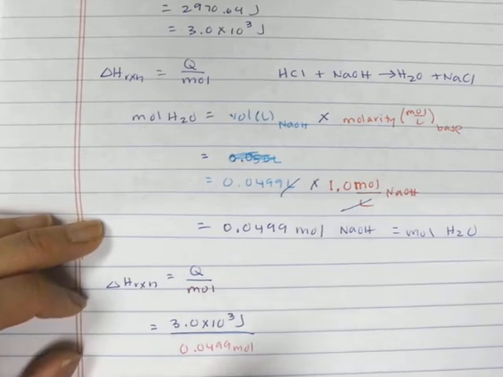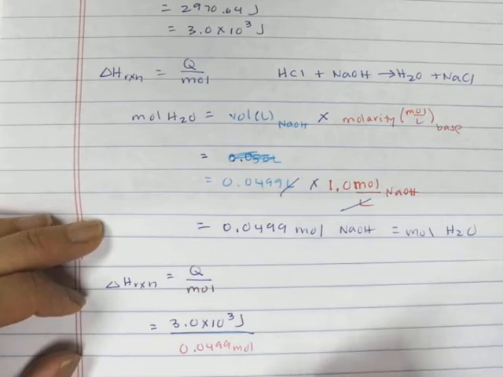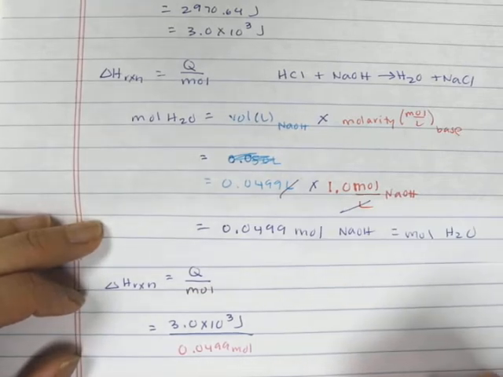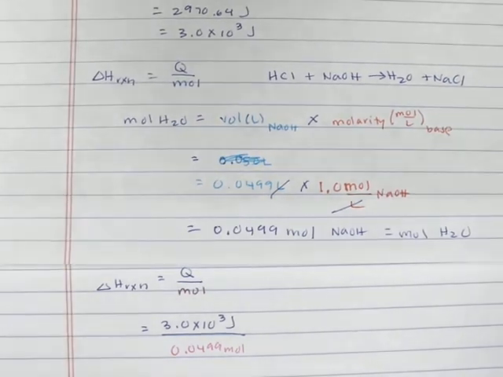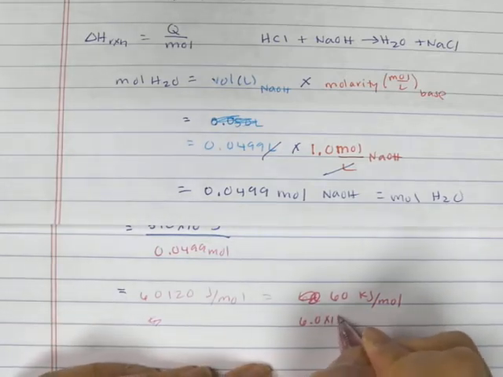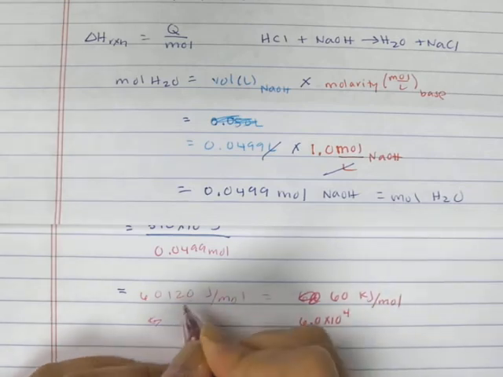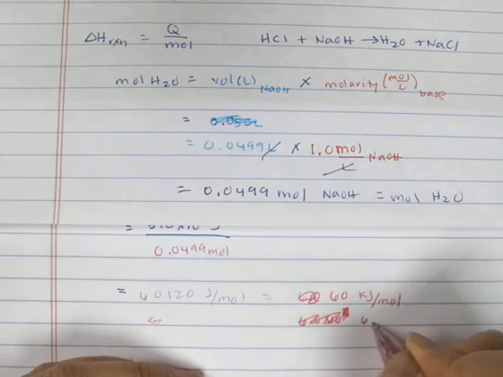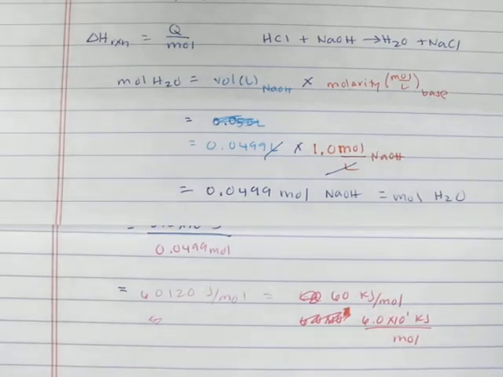We also want to report in kilojoules per mole, so 60 kilojoules per mole, or you can do 6.0 times 10 to the first kilojoules per mole. So that would be how you calculate the delta H reaction.